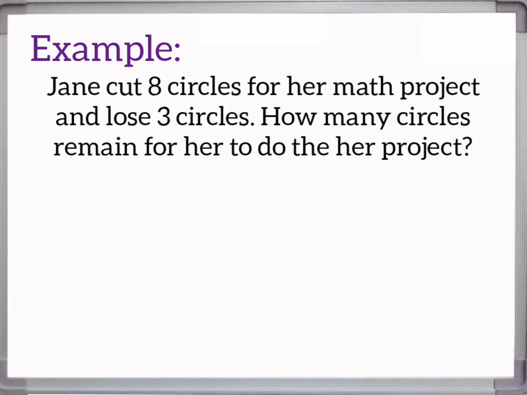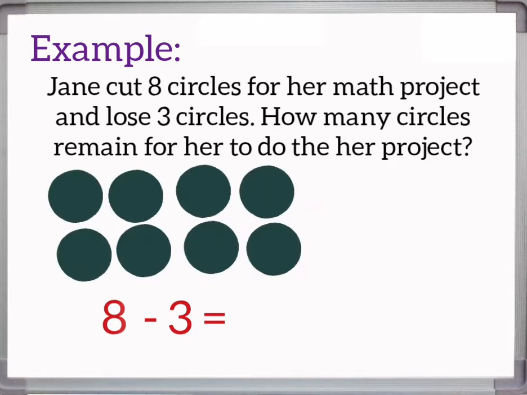So if you remember at the beginning, the word problem says that Jane cut 8 circles. So let's write 8. Then she lose 3. So if she lose 3, she's going to have less. So let's write minus 3 equals, don't forget your equal sign. So let's draw 8 circles to help us find our answer.